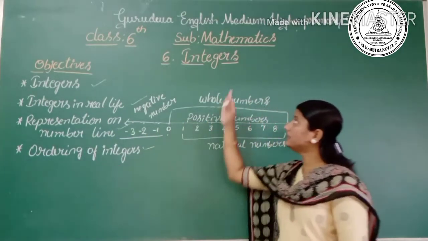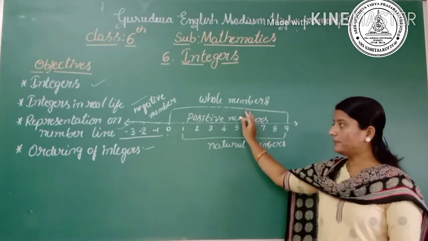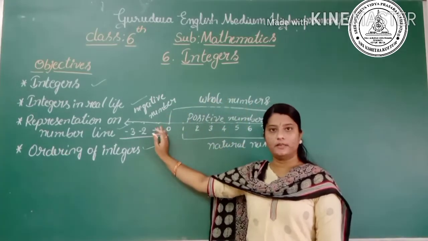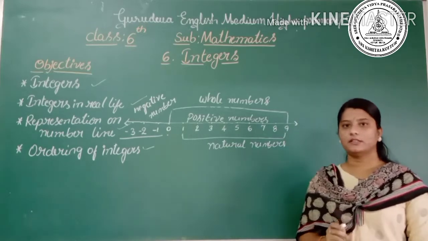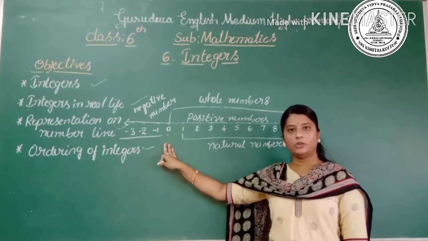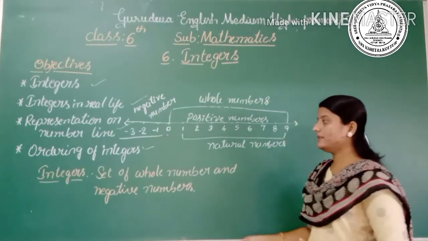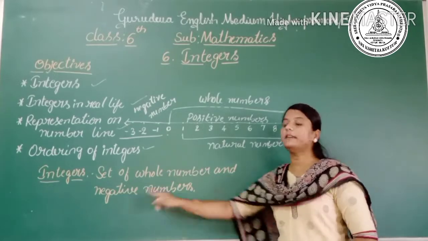Then what do we mean by integers? Integers means a set of whole numbers together with negative numbers. So the integers consist of positive numbers, zero and negative numbers.